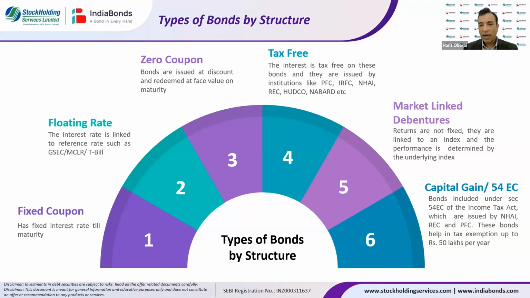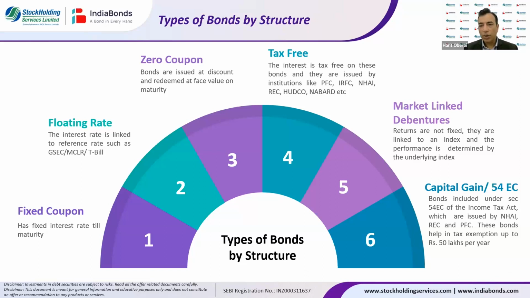इसके अलावा market linked debentures होते हैं, यानी कि bonds which are linked to the performance of an underlying index. Now the underlying index can be a Nifty, or it can be a GSEC, or it can be SLR, so MCLR rates, which can become an underlying base index, and on the performance of the index, the returns of the investor can be defined, or the returns of the bonds can be defined.